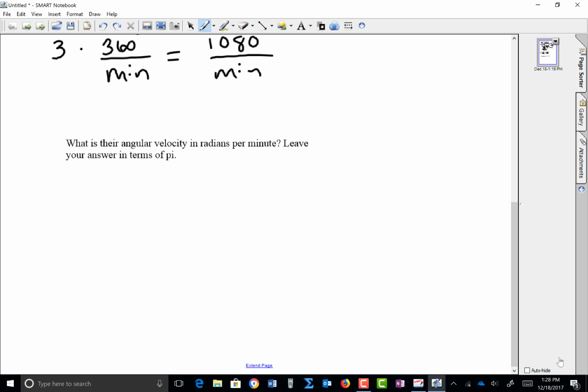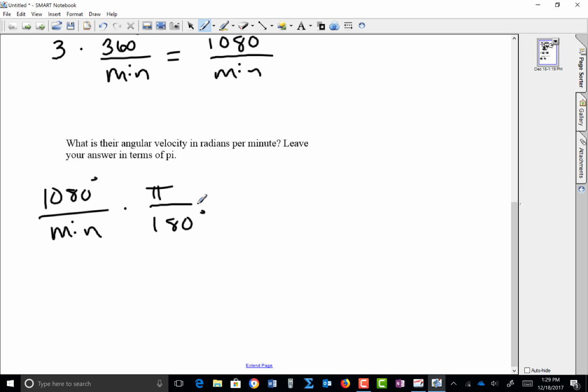Now this one says, what is their angular velocity in radians per minute? So we know from a previous set of problems how to change degrees to radians. What we do is we multiply by pi over 180.